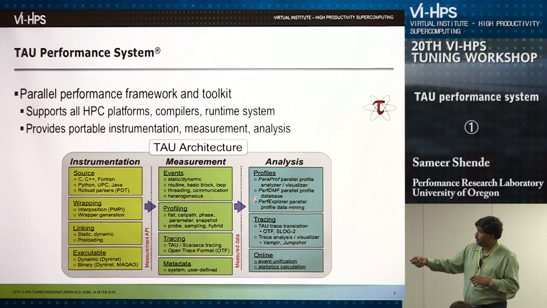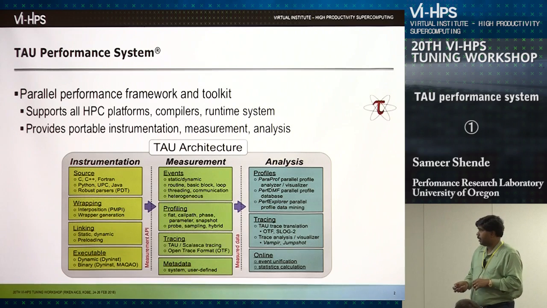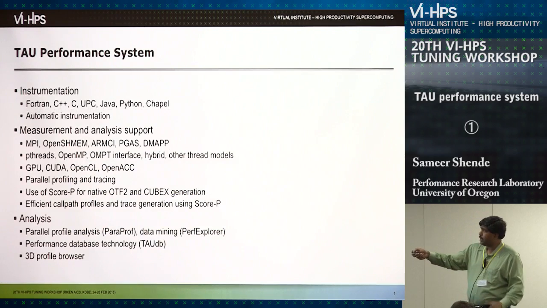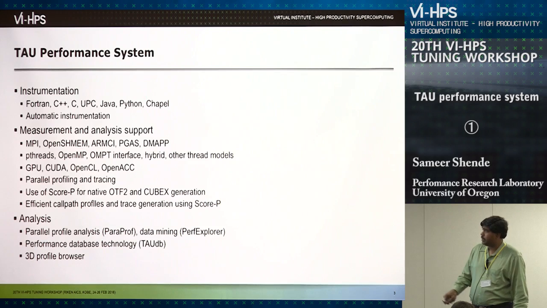And then once you generate the performance data, you can use our ParaProf and PerfDMF database and PerfExplorer tools. Or you can use Vampir, Jumpshot, Paraver, and other tools for trace analysis. So there are these three parts: instrumentation, measurement, and analysis.